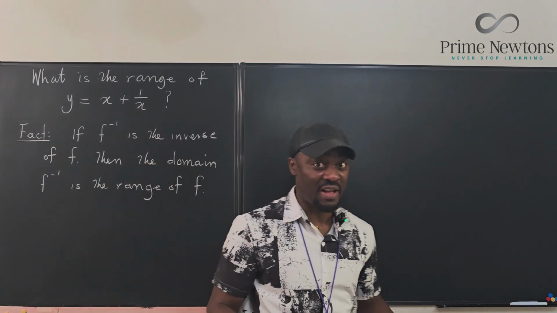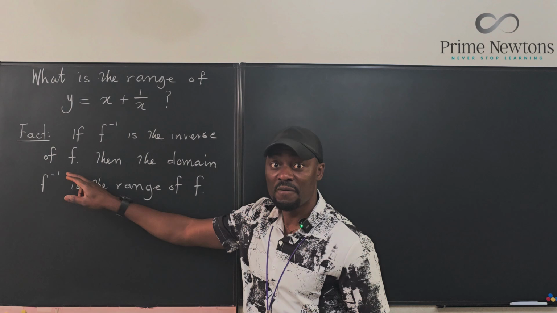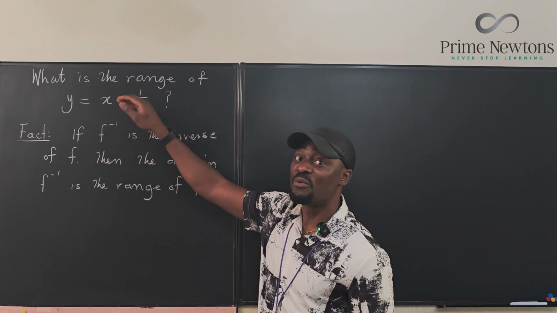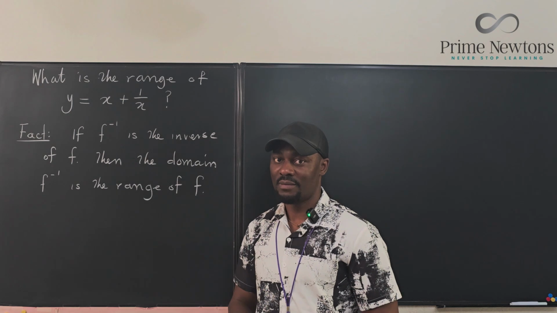It's a very simple fact. If these two are inverses of each other, the domain of one is the range of the other. The range of one is the domain of the other.